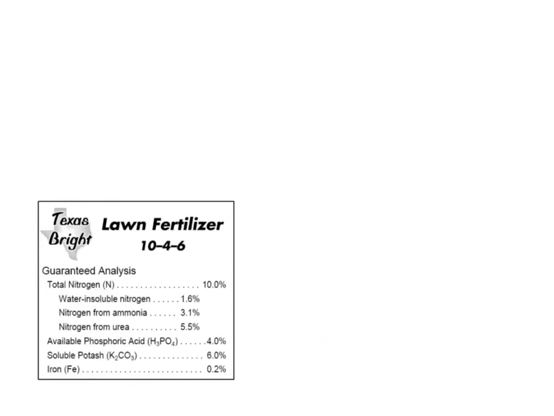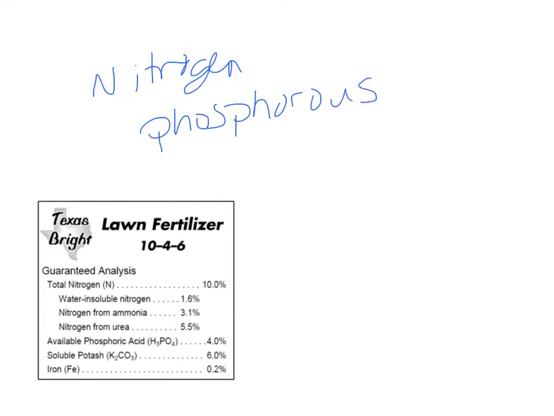The main minerals and nutrients that the plant will absorb from the ground are nitrogen, phosphorus, and potassium. And these all have key roles in a plant.